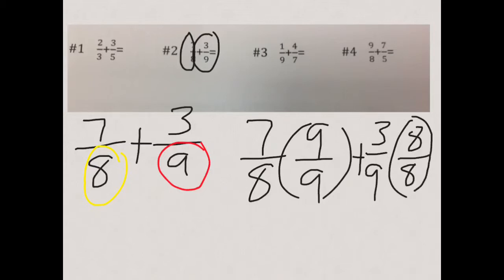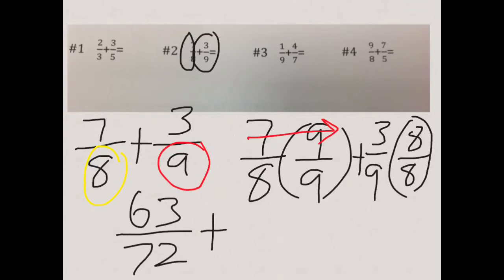Okay? Now, if I multiply across right here, I get 63 over 72. If I multiply across right here, I get 24 over 72.